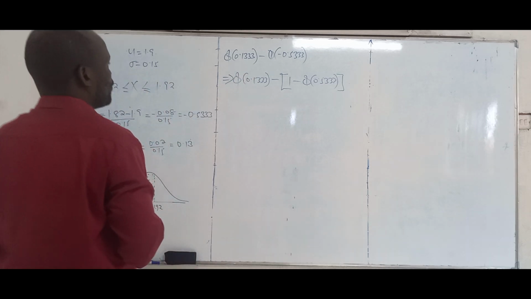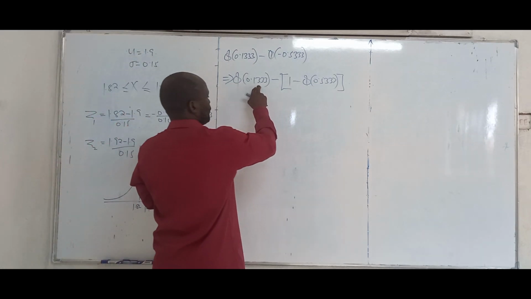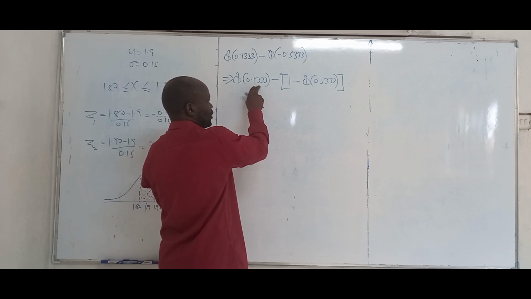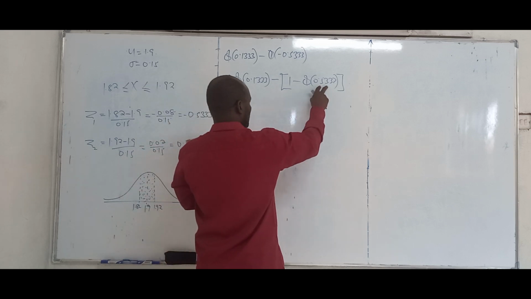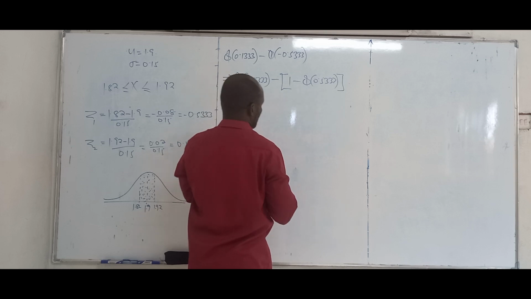And what that means is that we then set out to read these values from the tables. We read the probability that corresponds to this Z value, and also the probability that corresponds to this Z value.